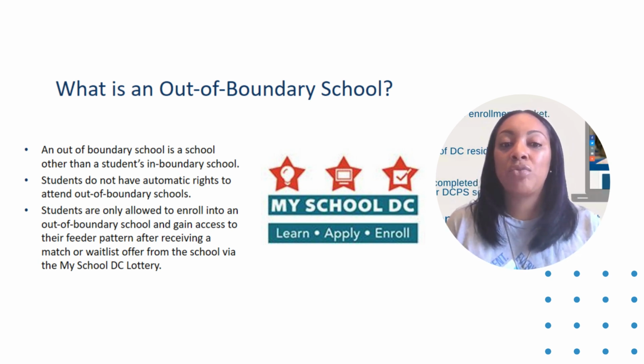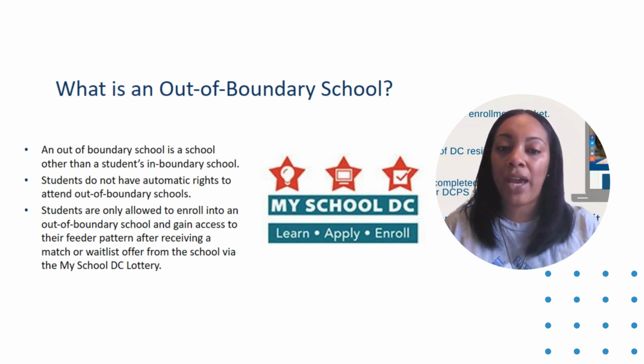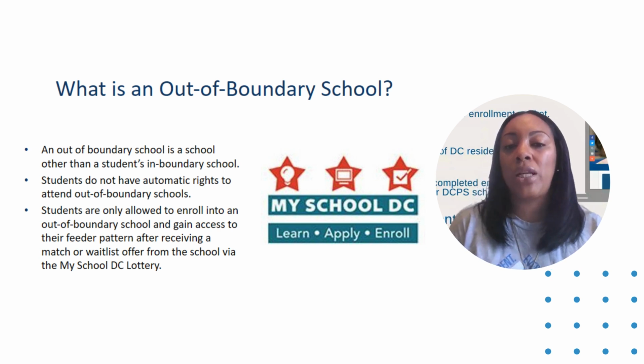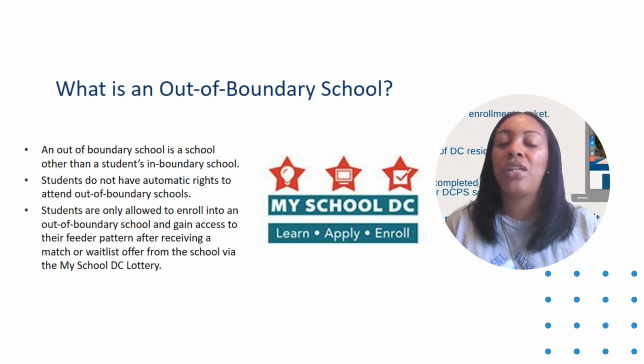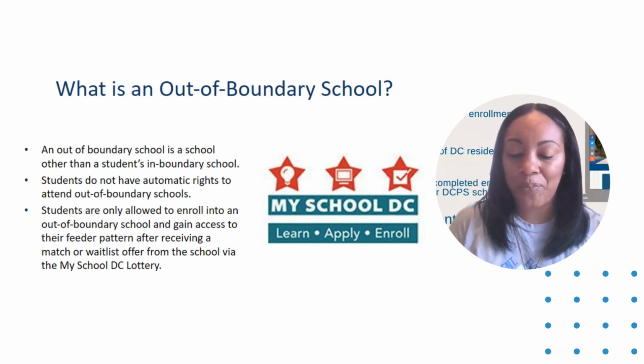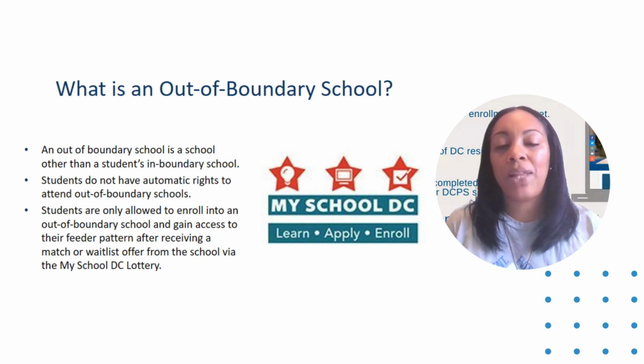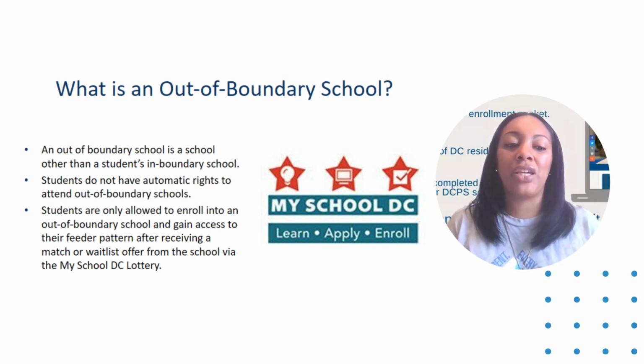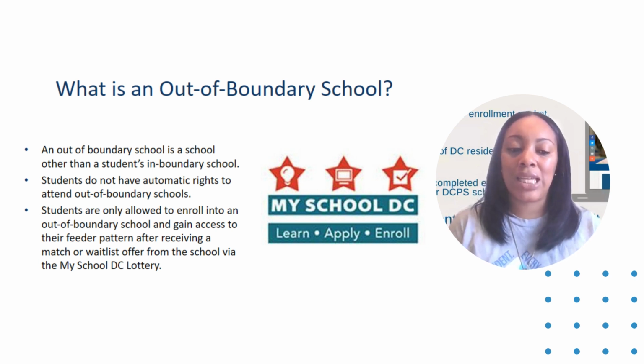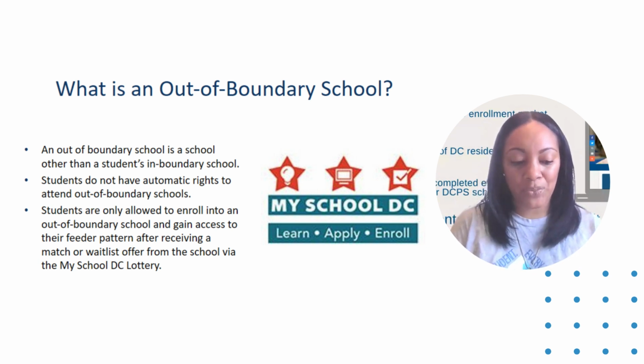Students are only allowed to enroll into an out-of-boundary school and gain access to their feeder pattern after receiving a match or waitlist offer from the school via the MySchoolDC Lottery. So students must apply in the MySchoolDC Lottery if they are interested in attending an out-of-boundary school.